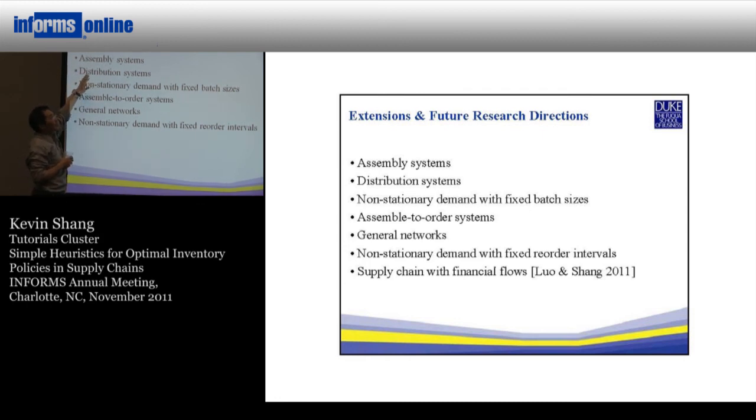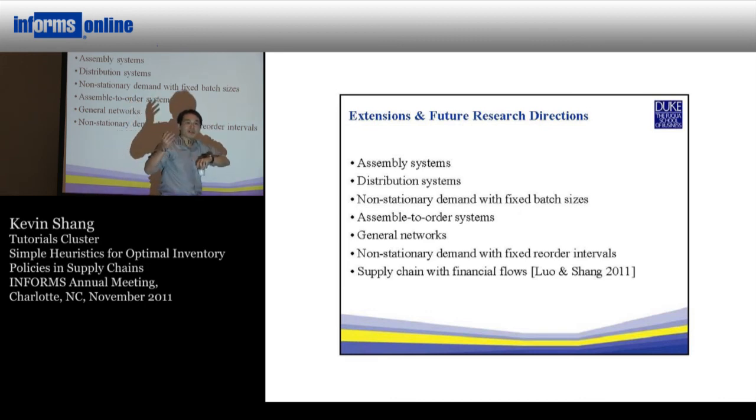And now I'm at a stage trying to see if there is a simple solution, again single-stage based, to deal with this distribution system. The paper in the last part of my talk focused on non-stationary demand for base stock. But recently there's a paper, again on a non-stationary demand system, and they assume there's a fixed batch size for every location, and those stages follow the integer ratio constraint.